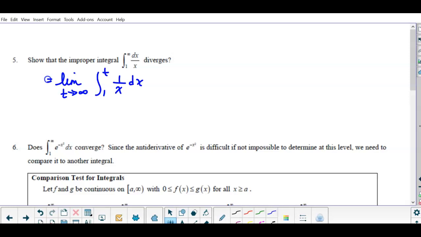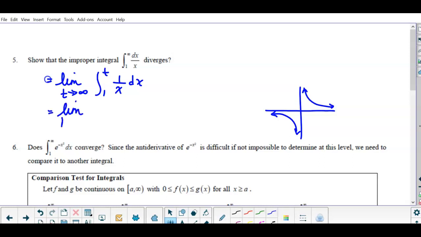So we know that the graph of 1 over x looks like this. So you kind of think, okay, well 1 over x, it's approaching the x-axis, right? So each y value is getting smaller. But we're looking for the area underneath. Does it approach a particular value? Obviously it doesn't if it diverges.